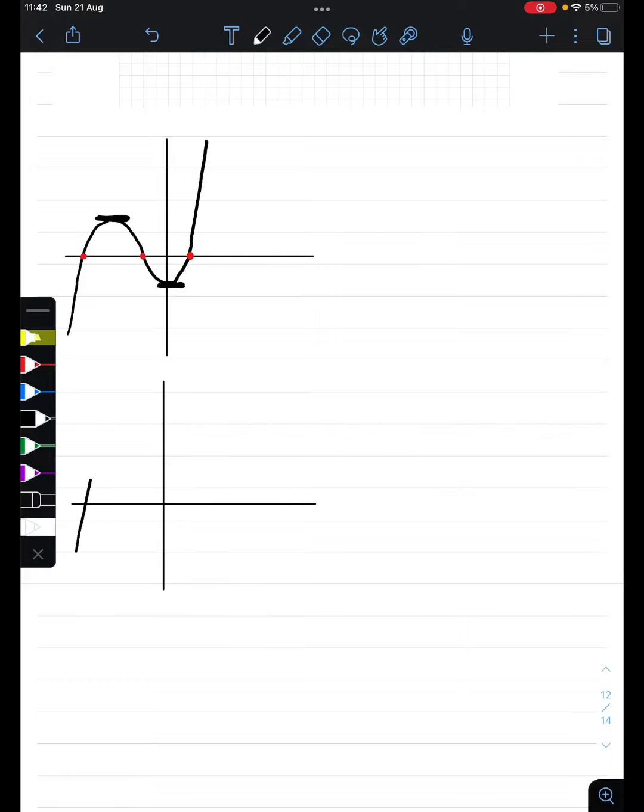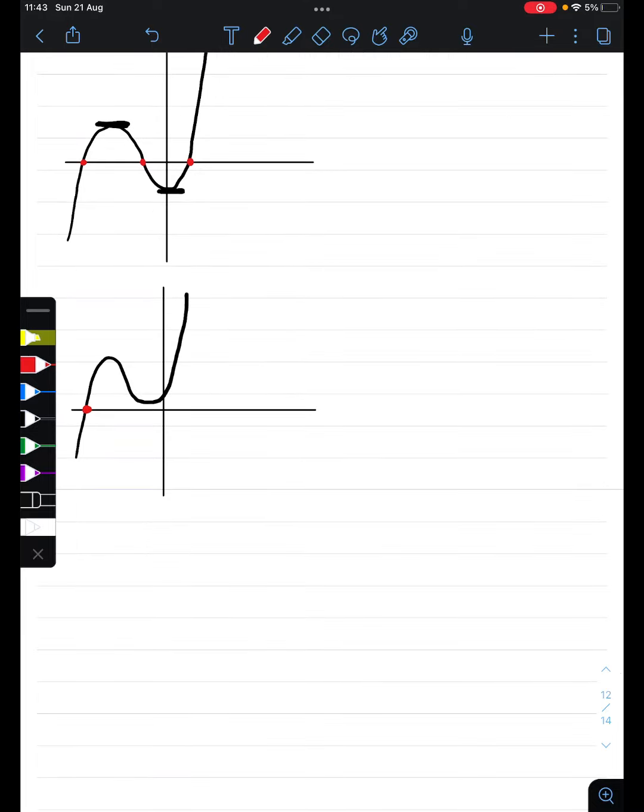If it went up over the x-axis and then dipped, but never quite hit the x-axis again, this would have one root here. Or an alternative would be if it went up but never quite hit the x-axis, went down and then went back up and hit the x-axis. So that would have one root here.